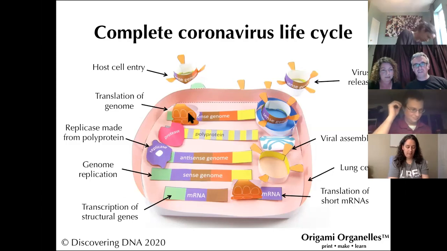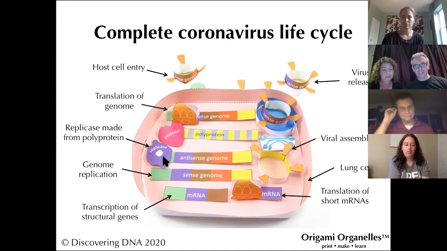I'll talk through it now, and then we'll go back over it. The host cell ribosomes use that genome, which is RNA, they recognize it as a messenger RNA and make proteins from it. These proteins make enzymes which replicate the genome of the virus, all in RNA. There's no DNA involved in any of this.